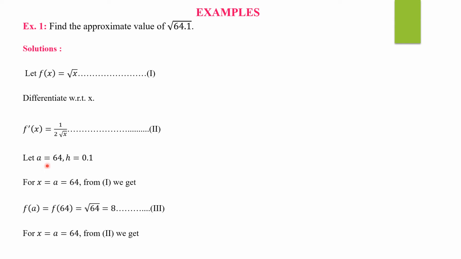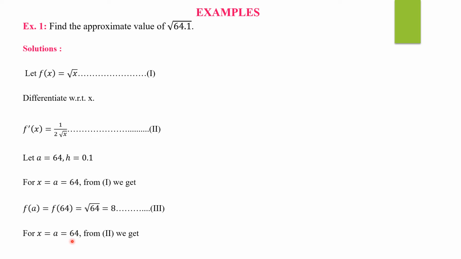Take a = 64 and h = 0.1. For x = a = 64, from equation 1 we get f(a) = f(64) = root of 64. 64 is the square of 8, therefore root of 64 = 8, denoted by equation 3.